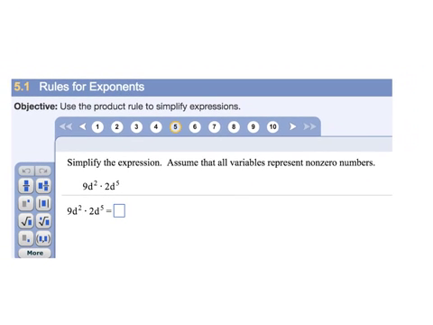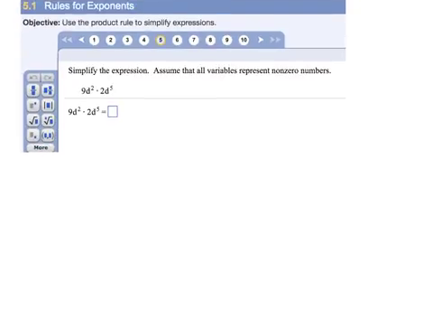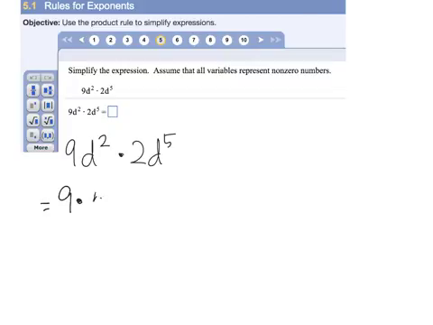All right, so we're going to simplify this expression, and we're going to begin by writing the expression out. So that's going to be 9d squared times 2d to the 5th power. Now, remember, this 9 in front of the d means 9 times d squared. So this means 9 times, and then that d squared means d times d.